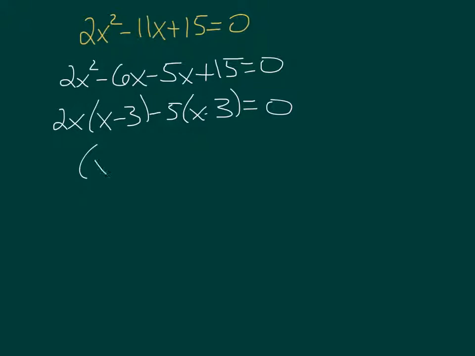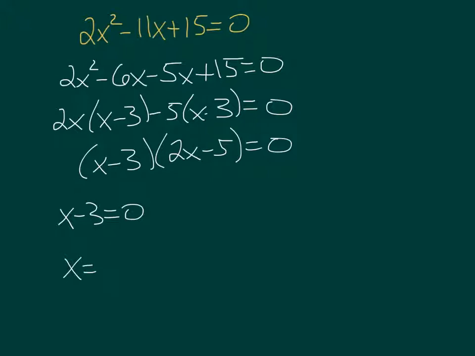And we're going to see that our two factors are x minus 3 and 2x minus 5. We're going to set those equal to 0 and solve.